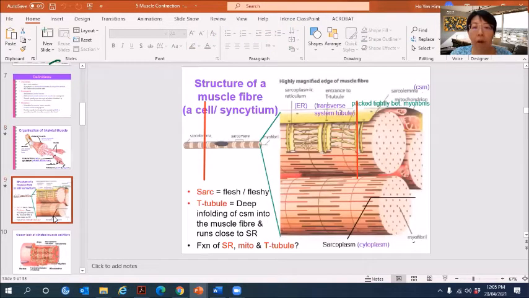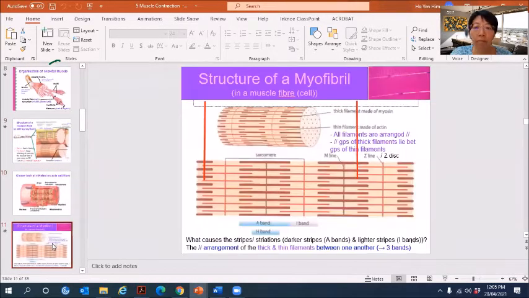Each of these circular rod-shaped structures inside the muscle cell is a myofibril, and inside this myofibril you have the actin filament and the myosin filament.